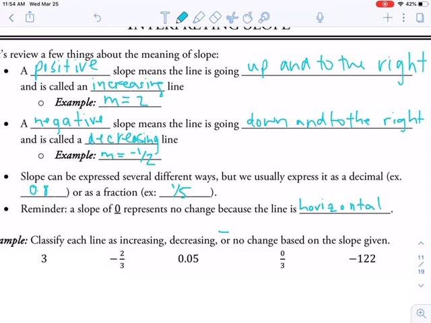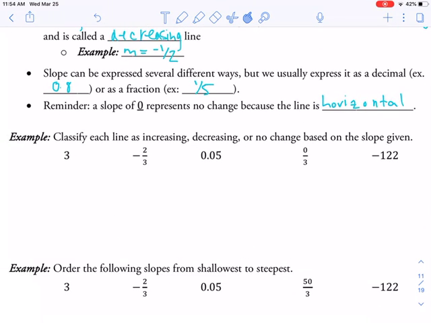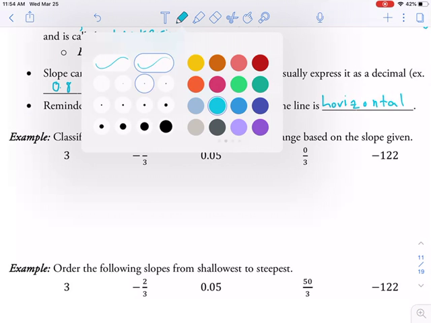Okay, so the next thing we're going to look at is this example here, and the example asks us to classify each line as increasing, decreasing, or no change based on the slope values that are given. Okay, so each of these 5 values are slopes, and we're going to classify them as increasing, decreasing, or no change, so horizontal.